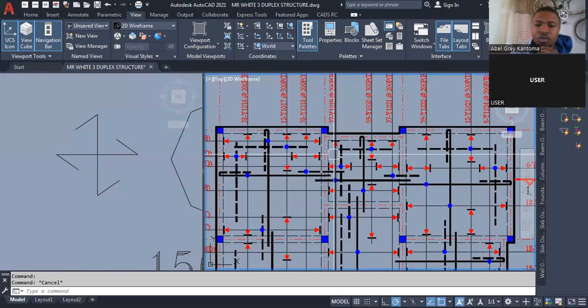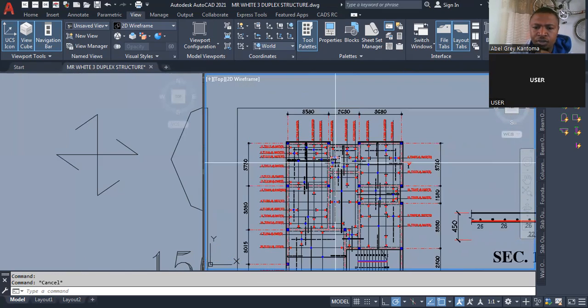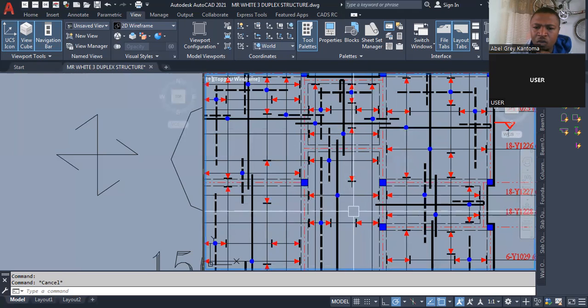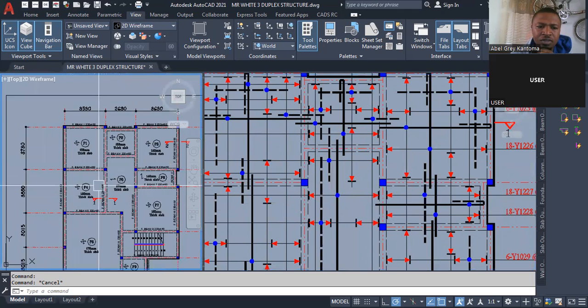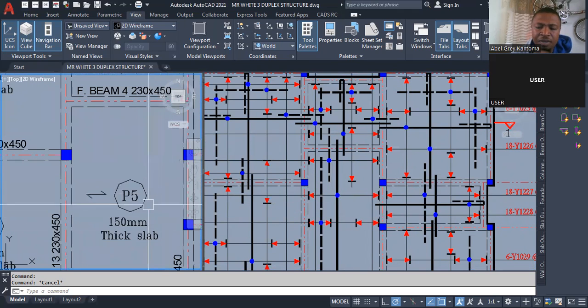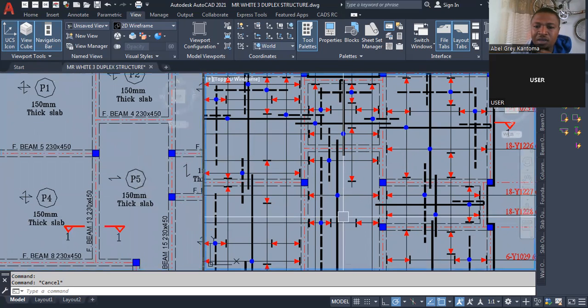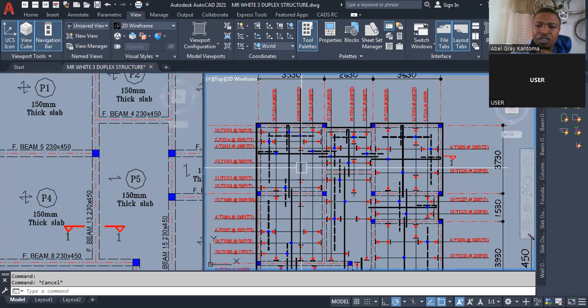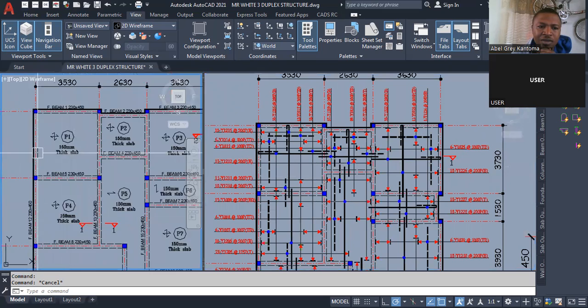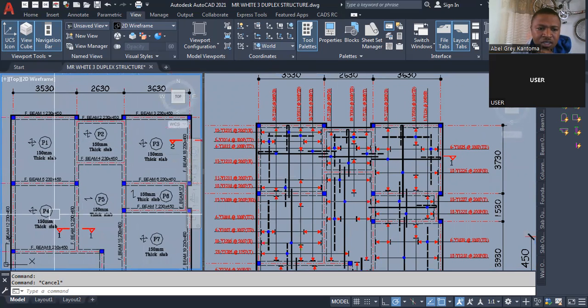Talking about this, this is a one-way slab from the slab and beam layout. This is telling us that this panel is a one-way slab. This panel, this panel, this panel, they are all two-way slab, while this and this are one-way slab.